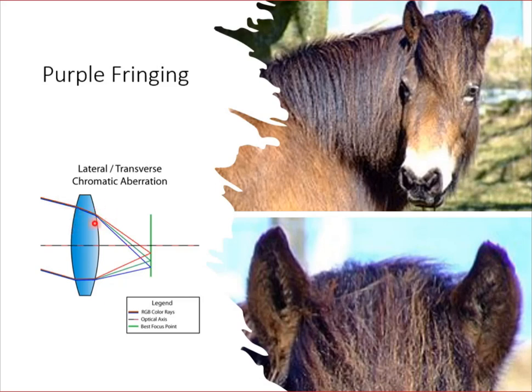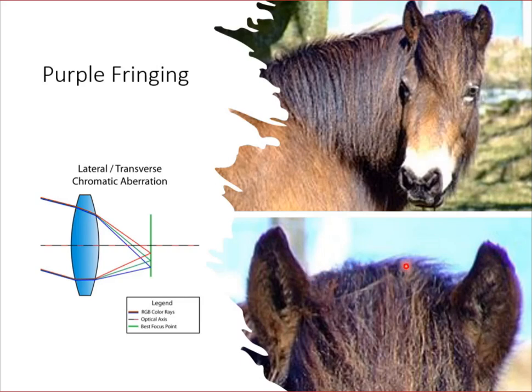Then there will be a problem called chromatic aberration. Although they are from the same point, on the focal length or on the sensor, they will be projected to different locations.